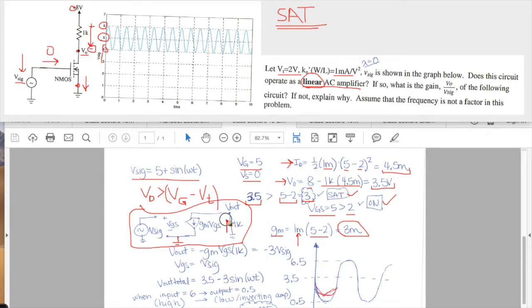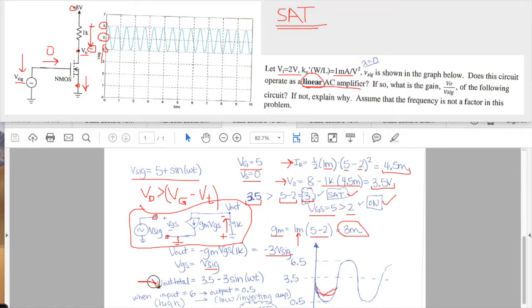Analyzing this, the current is flowing in this direction, so we get a negative gm VGS times 1K, which gives us minus 3 VGS. VGS is the G minus the S, in this case Vsig minus 0, so VGS is just Vsig, giving us minus 3 Vsig.